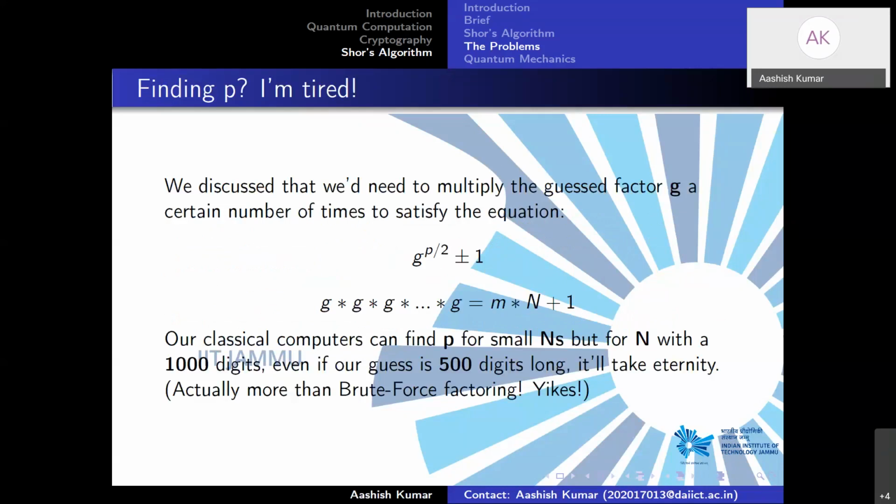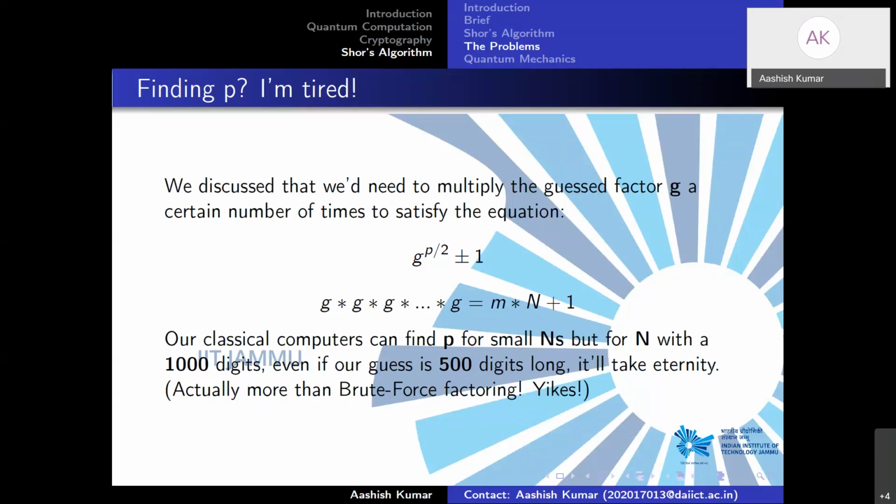Okay. So we discussed that we need to multiply the guess factor g a certain number of times to satisfy the equation g to the power p by 2 plus minus 1, where g is our guess factor and p is the number of times that we are supposed to multiply our guess factor. So our classical computers can find p for small n's like n equals 15, n equals 21 and 25.